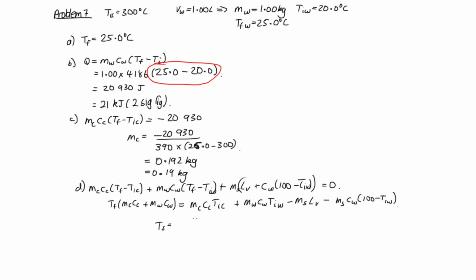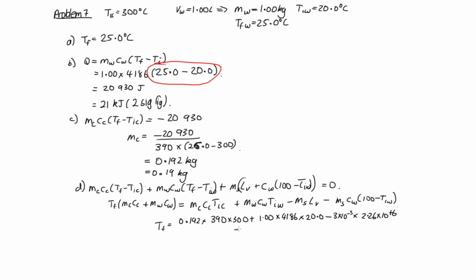And so to get the final temperature, we just need to divide this by this thing here. So let's substitute in and divide at the same time. So the mass of the copper, that's 0.192 times 390 times 300, plus the mass of the water, that's 1 times 4186 times the initial temperature of the water, which was the 20, minus the mass of the steam, which is 3 grams. So 3 times 10 to the minus 3 times 2.26 times 10 to the plus 6.